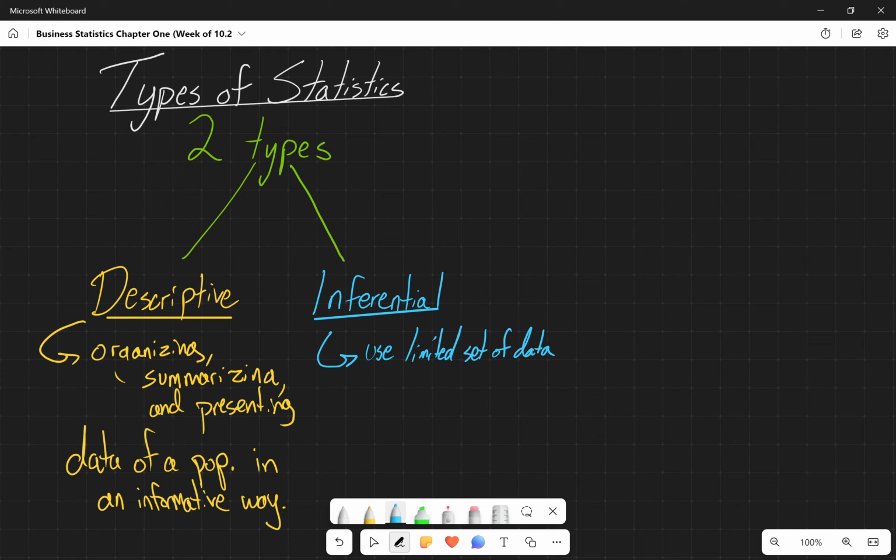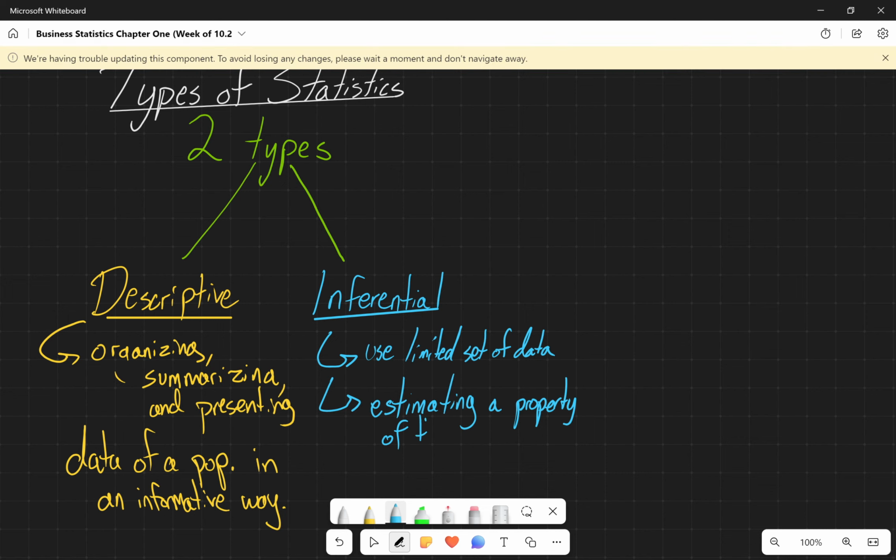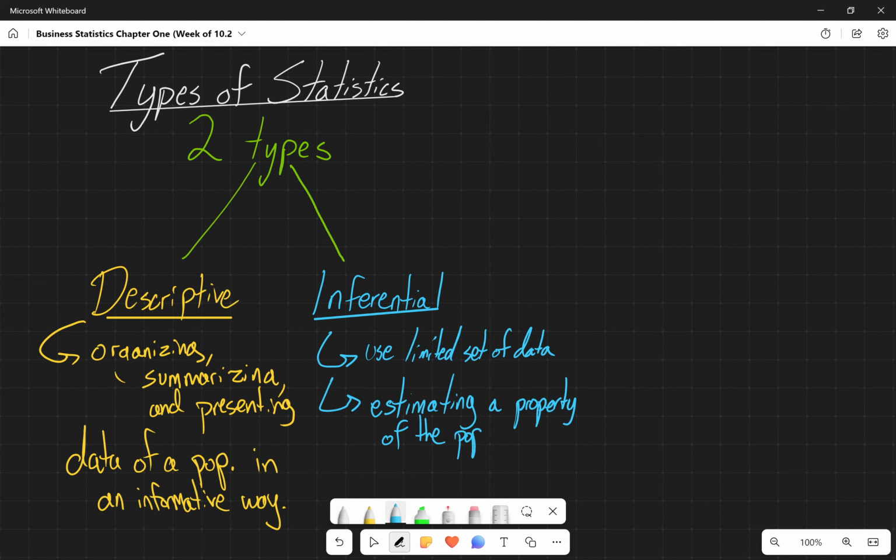In descriptive, we have the full set of data, but in inferential, we are estimating a property of the population on the basis of a sample.